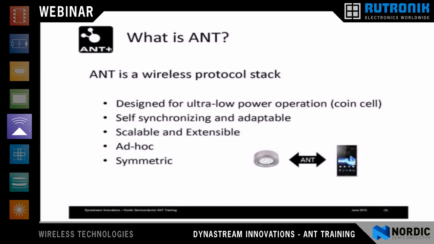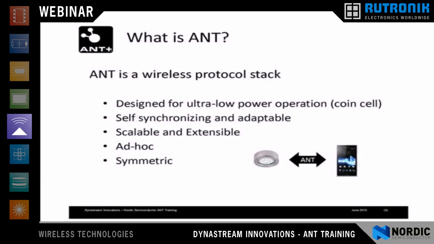Ant is an ultra-low power protocol stack that we invented for our own uses. Subsequently, we built it as a product for third-party use with our partnership with Nordic Semiconductor in 2004. Since then, we've been able to provide a variety of different products that allow for self-synchronizing and adaptable network capabilities.